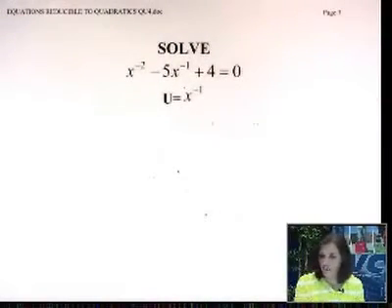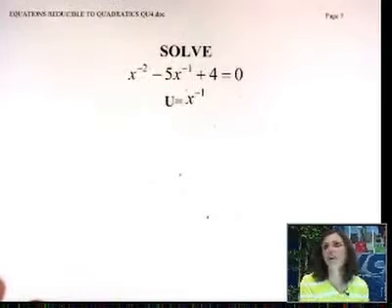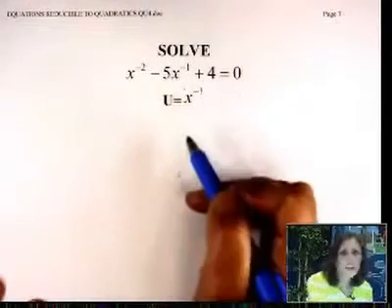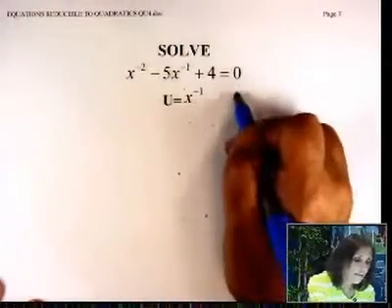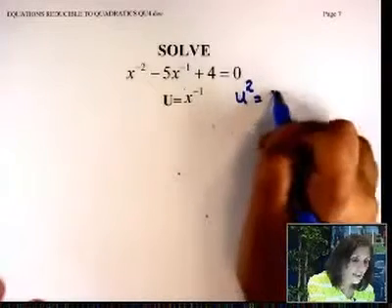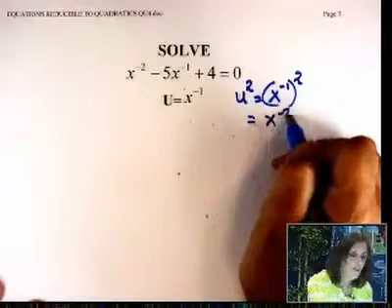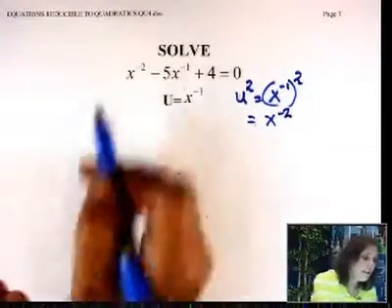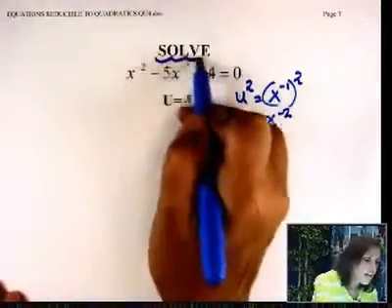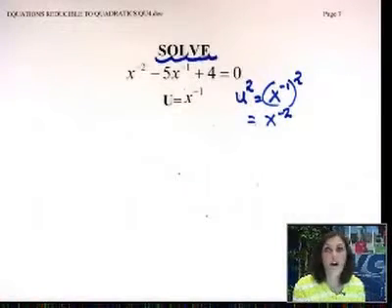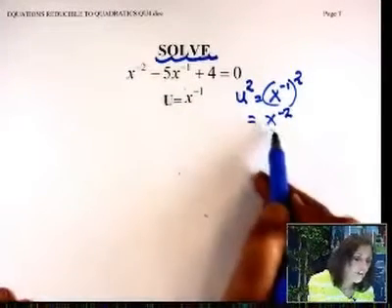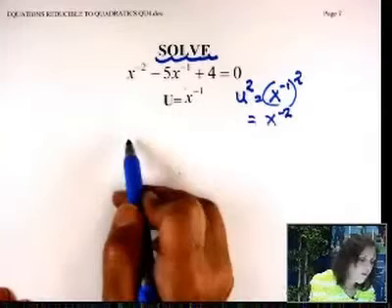Okay, let's look at this. Again, I'm giving you the thing. So u equals x to the negative 1. That means u squared is going to be x to the negative 1 squared, which is x to the negative 2. Okay, I can do that. So this time they're asking me to solve. Now I'm going to write everything in terms of u.